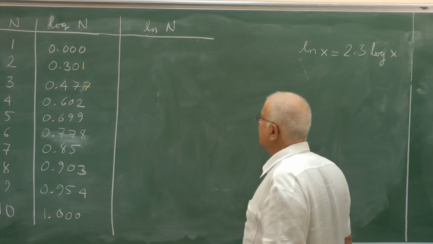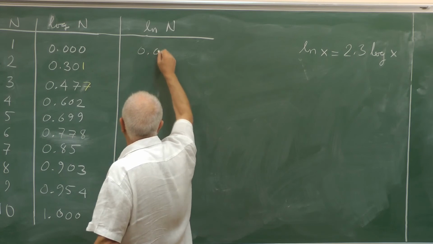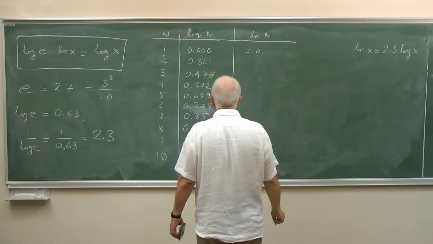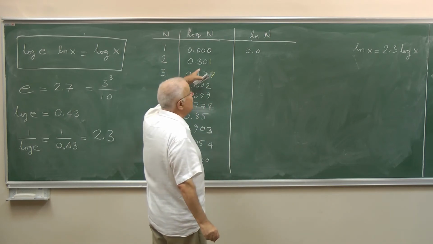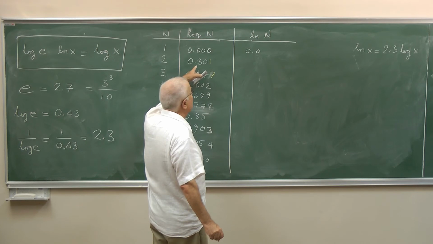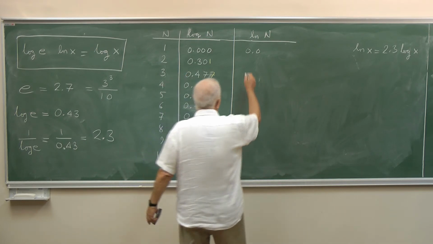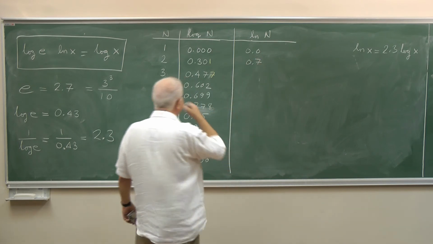Let's use fewer significant figures. For 1, I'll have 0, as usual. How about ln 2? I will multiply 2.3 by 0.3, 0.69. Well, let's be generous and call it 0.7.